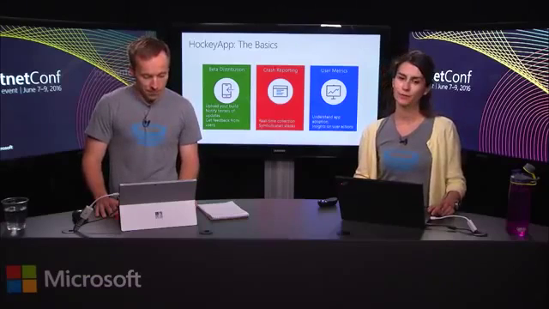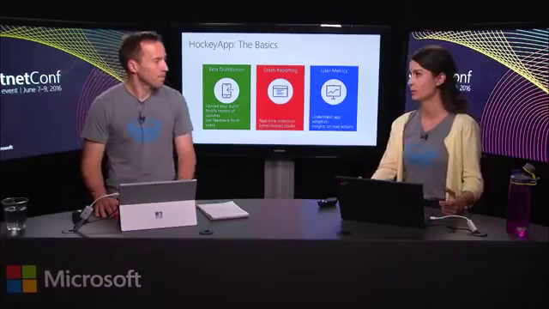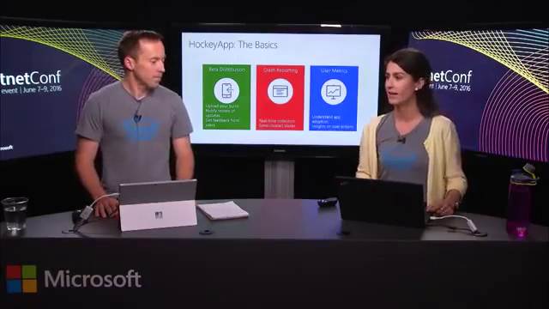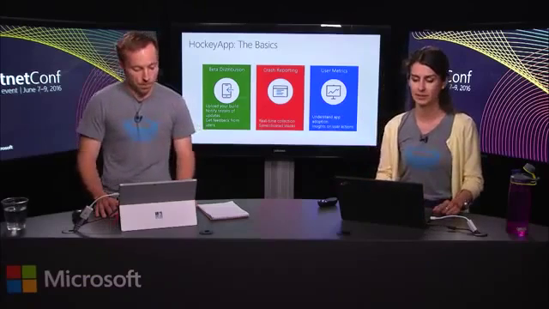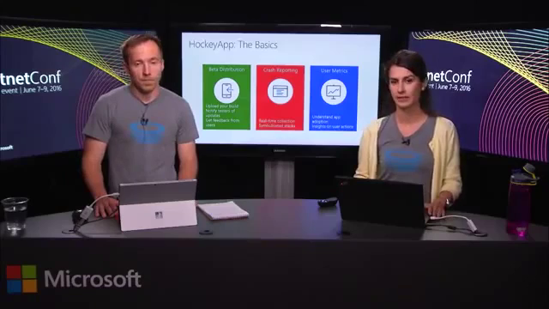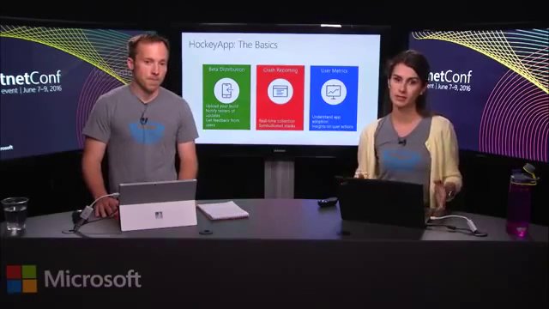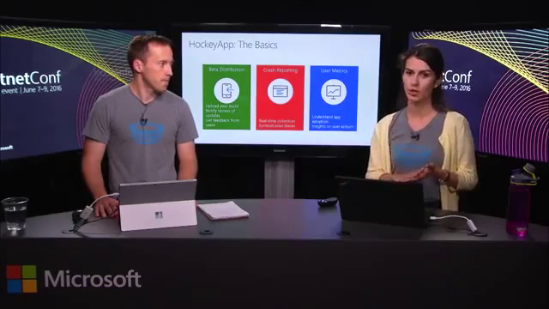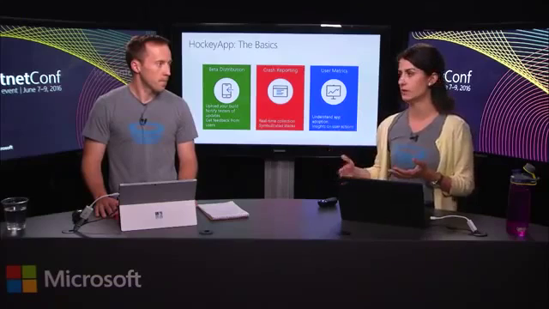So let's move to a few core features of HockeyApp and understand how HockeyApp can help app developers to be successful. And Jacob is going to have a lot of cool demos, but firstly, let's see a bit about the features. The first core feature that we're going to talk about is beta distribution. What beta distribution is about is taking a build from your developer machine or maybe from a continuous integration build and putting it on testers' or stakeholders' devices.